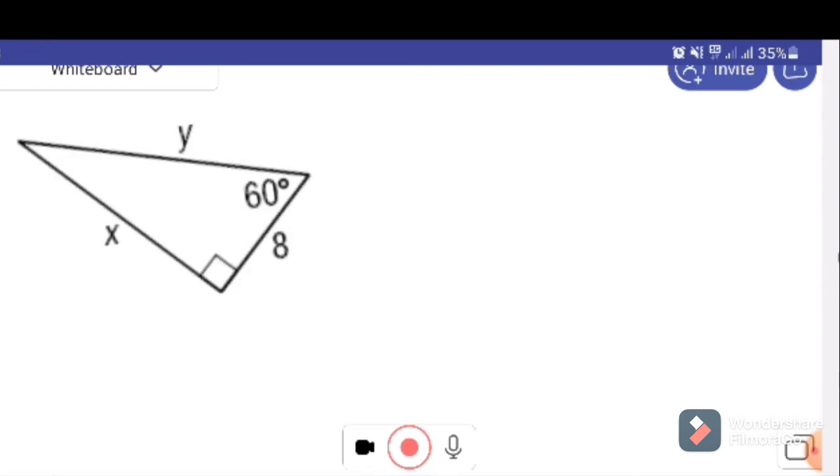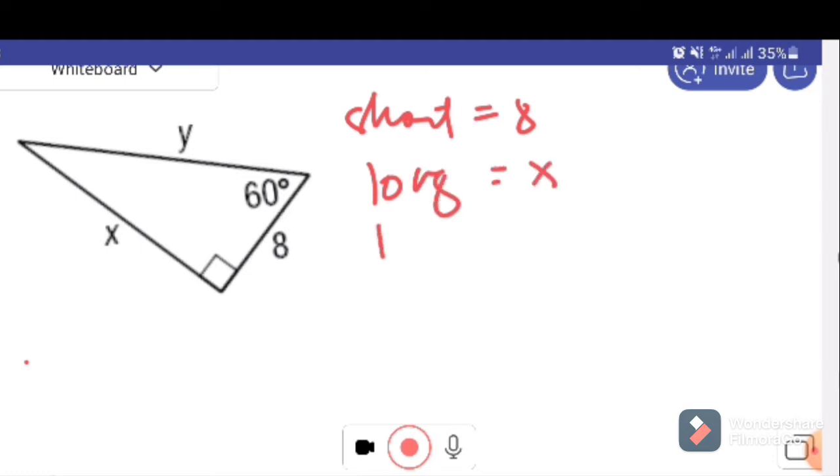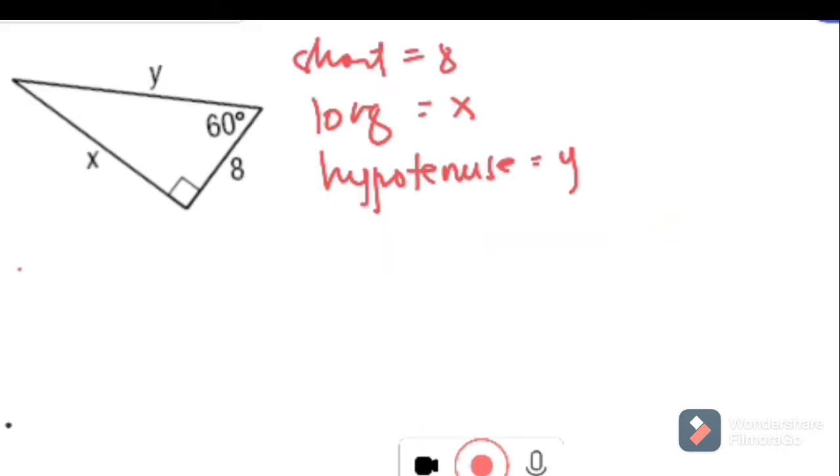Given this, what do we know? Let's have the short leg is equal to 8. Our long leg is equal to x. Our hypotenuse is equal to y. Given this short leg, it's easy to find the hypotenuse because the hypotenuse is twice the shorter leg.